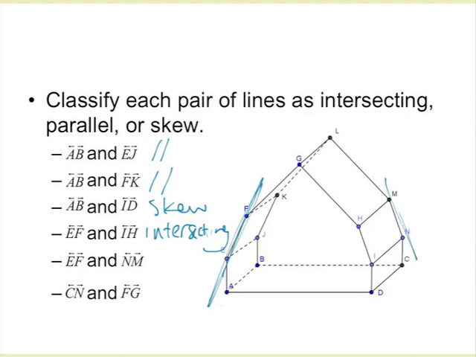EF and NM. Will those intersect? No. They're angling towards each other, but one's on the front of the barn and one's in the back of the barn, so it's probably not going to come together. Could I take a straight piece of plywood and connect them at the angles that they are at? No, I could not.